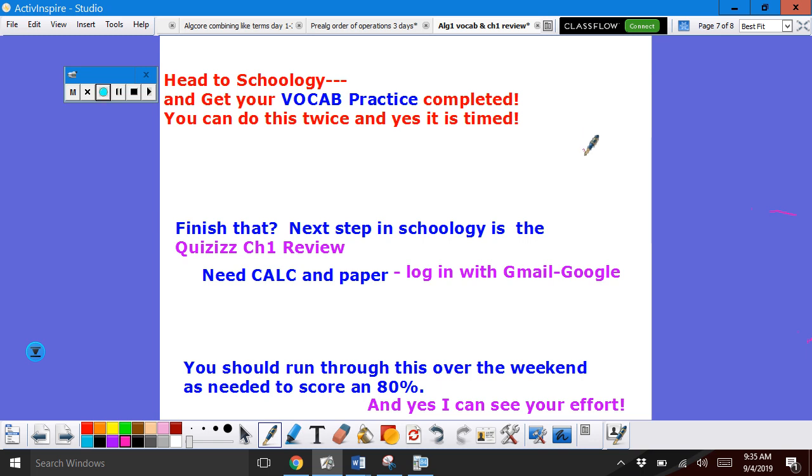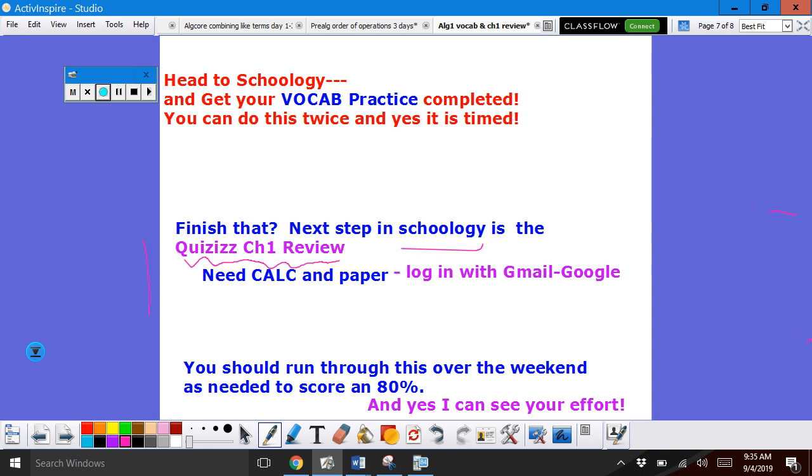The second thing I want you to do is a quizzes review. So the code and everything is posted on Schoology, and make sure that you log in with your Gmail and your Google. Keep in mind that I can track what you're doing with that. You will need a calculator and some paper to work some of those out, because it does require a little bit of writing, not a lot.